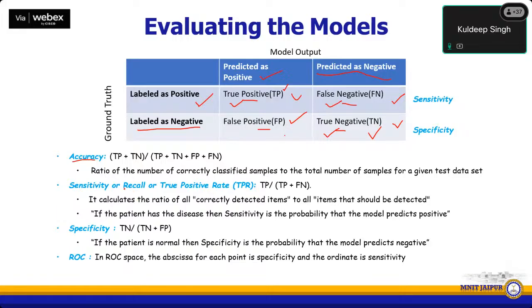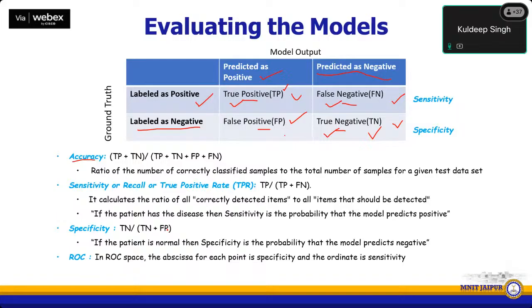Sensitivity we also call the true positive rate. So it's TP, true positive, divided by true positive plus false negative, the first row here. In the case of specificity, the second row, it's the ratio of true negative divided by true negative plus false positive.